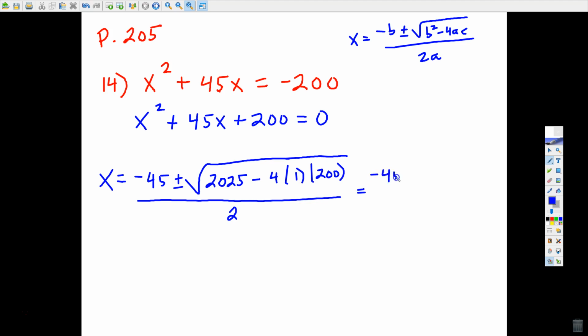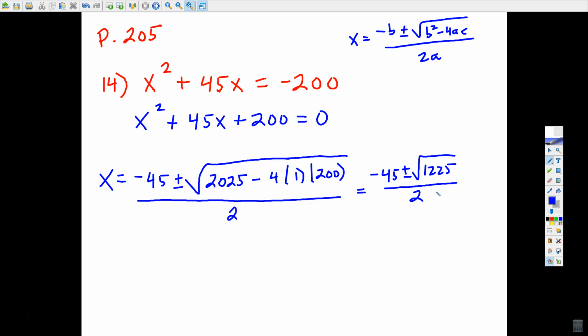Okay, so let's simplify underneath the radical, and we have 2025 minus 800. And that is 1,225. Okay. And let's see, is there a perfect square root for 1,225?